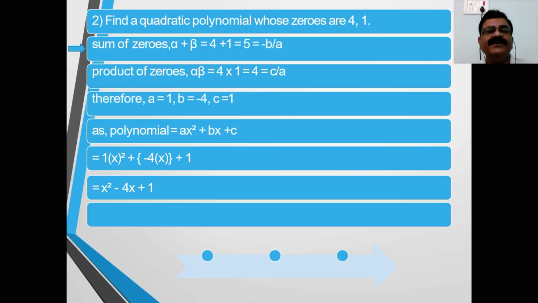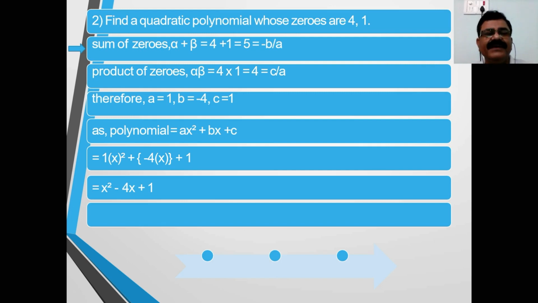Now students, find a quadratic polynomial whose zeros are 4 and 1. The sum of zeros, alpha plus beta, where alpha is 4 and beta is 1, is 4 plus 1, which is 5. That is also given by -b/a. The product of zeros, alpha times beta, is 4 times 1, which is 4, and that is c/a.